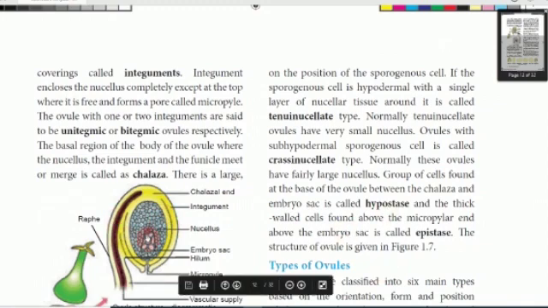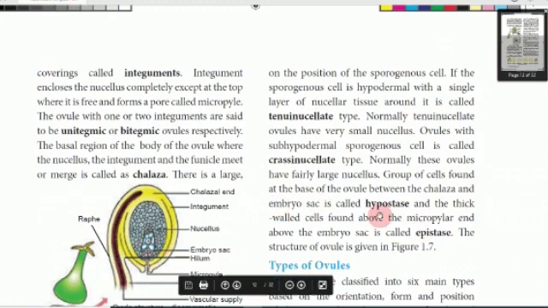Epistase means the parenchymal or nucellar tissue that arises between the embryo sac and the micropyle. Because the embryo sac moves forward, many nucellar tissues arise here, called epistase.